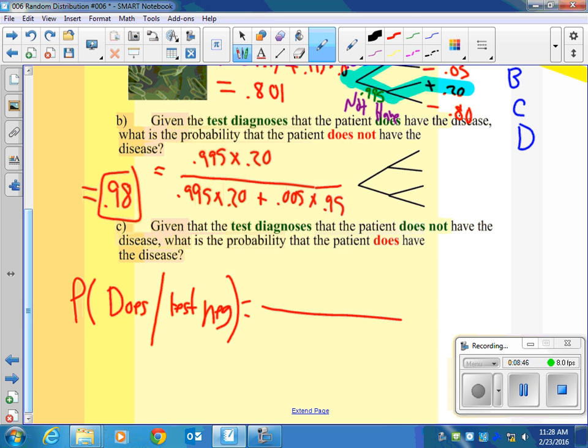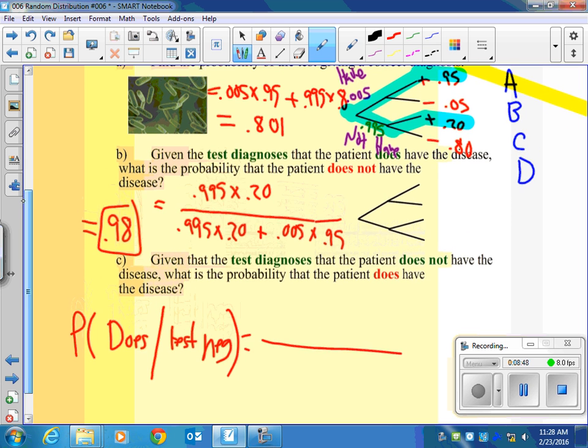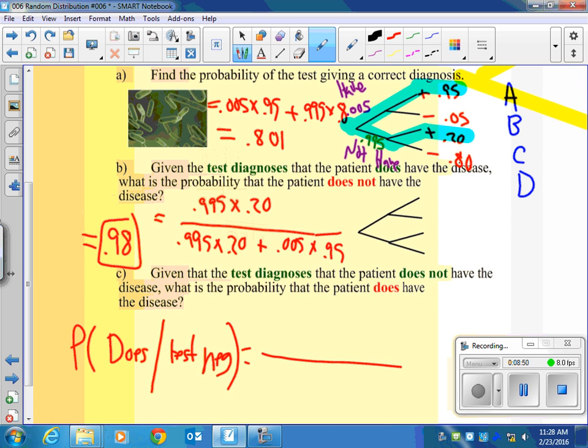Okay? So let's look at all the negative arms. The negative arms will be B and D. So you're going to have 0.005 times 0.05 and 0.995 times 0.8.